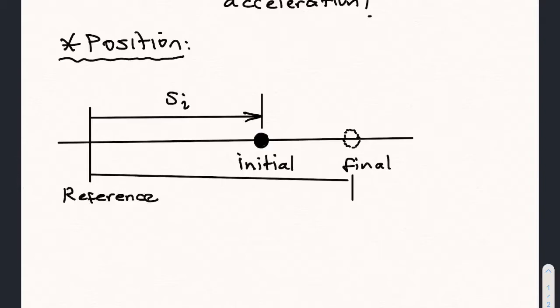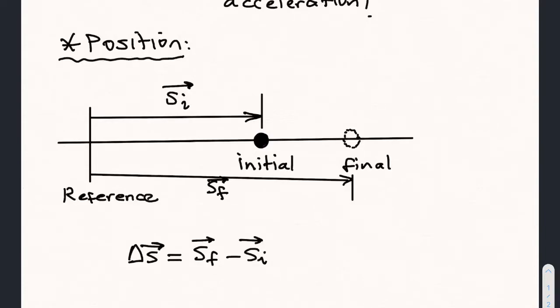We can define an S final with respect to the reference, and then we can say delta S is S final minus S initial.